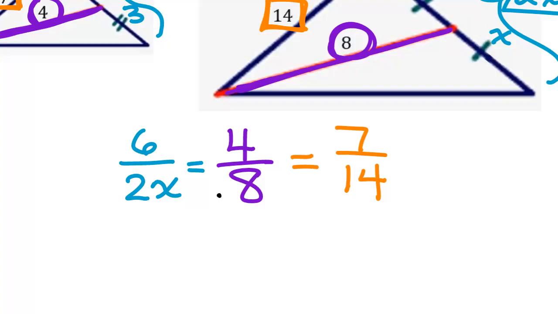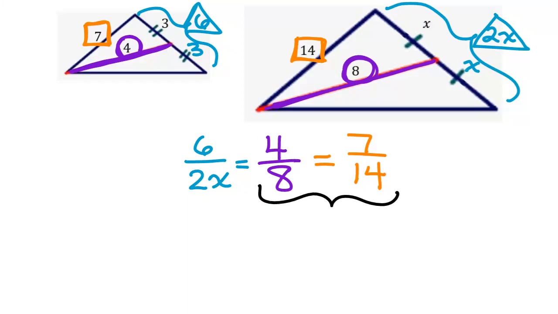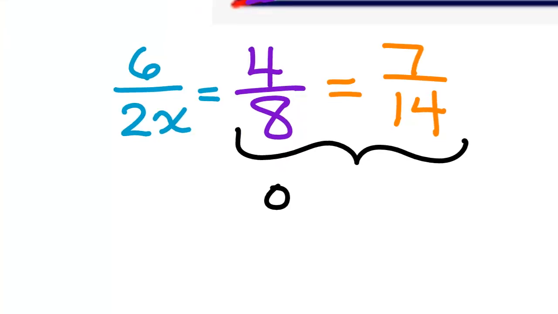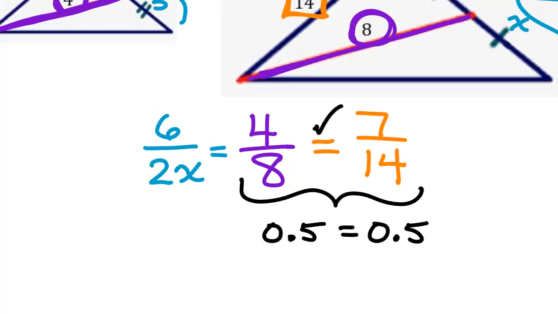I want to look at these two first. What is 4 divided by 8? Yeah, it's 1/2 or 0.5. What is 7 divided by 14? 1/2 or 0.5. So those two really did come out to be equal.